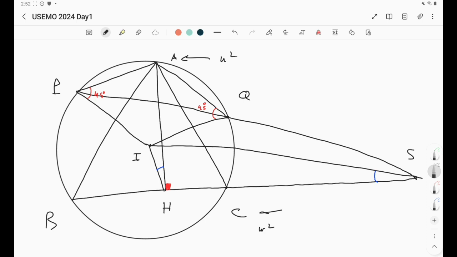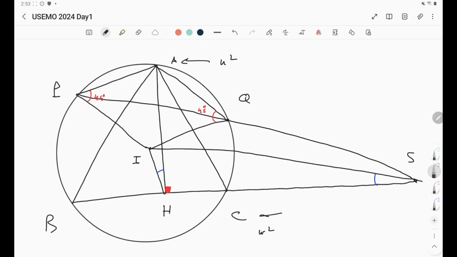Because these two angles are on the unit circle, what you can do is the following simple thing. If you just extend this, we know that this is 45, right? So that means this arc is basically 90 degrees. So we know exactly what this point here is.